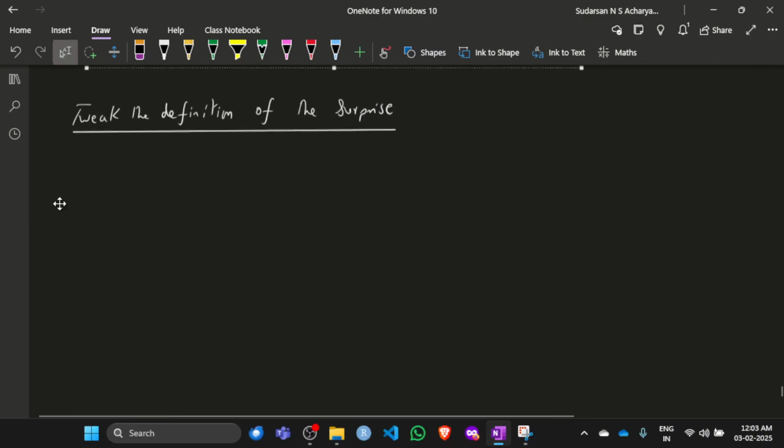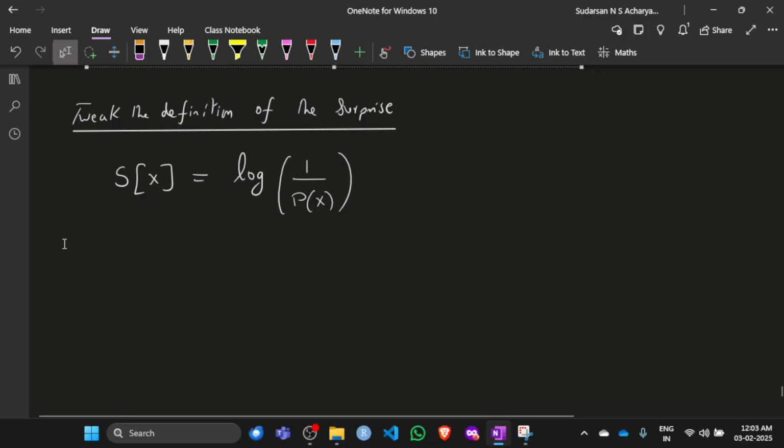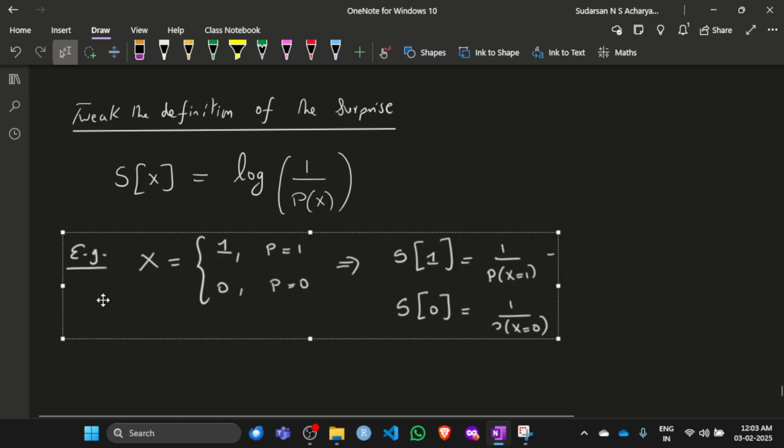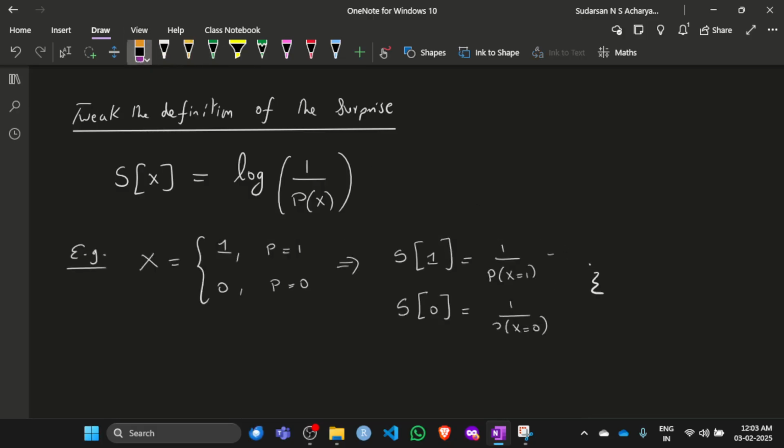All right, so I'm just going to put it back here because we're going to calculate the same thing with the new definition of what the surprise is, right? So this is what we have. So the new definition of the surprise is 1 over p of x, right? So I'm going to change this to 1 over log p of x.